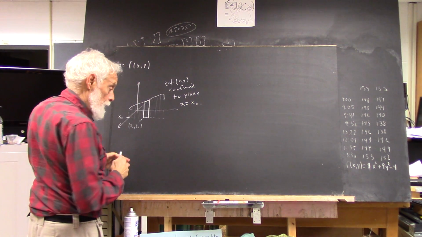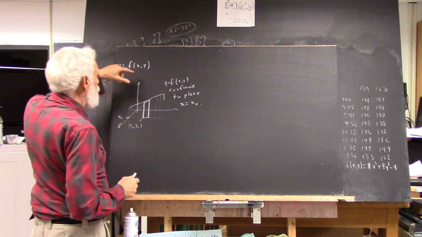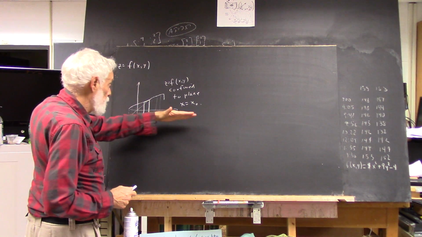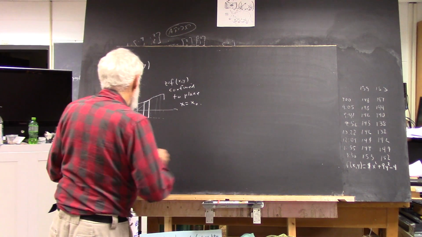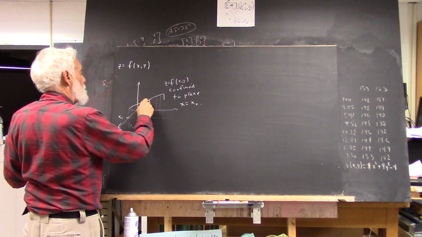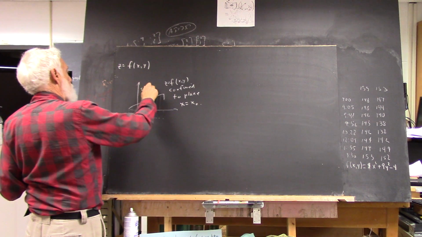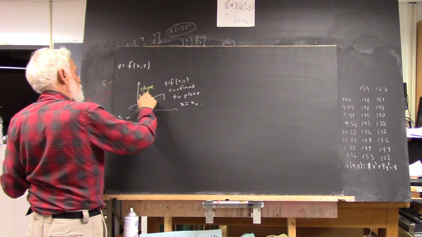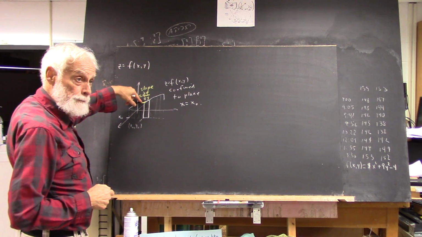And the partial derivative of f of xy with respect to y, because y is varying here, is just the slope of the tangent line at this point. And that's the partial derivative of f with respect to y.